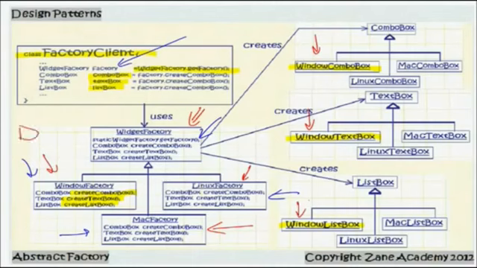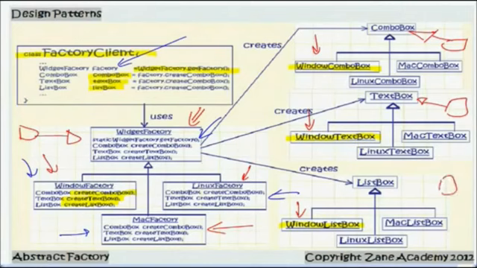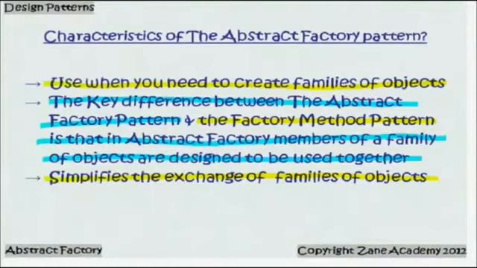And tomorrow, if we added another factory here, we could easily also add other products here that extend from each one of the combo box, the text box, and the list box. Okay, so it simplifies the exchange of families of objects.